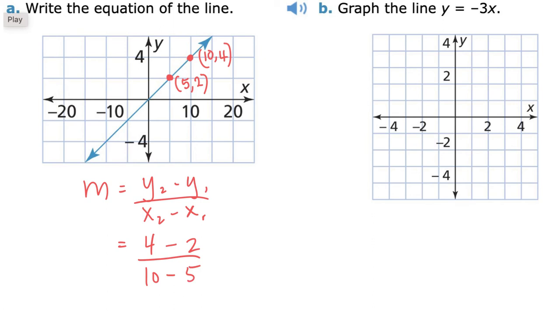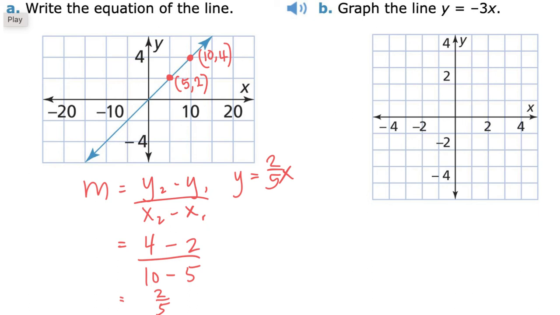And when I simplify, I get a slope of 2 over 5, or 2/5. So now that I know my m, or my slope, is 2/5, an equation for this line is y equals 2/5 x. Let's take a look at part B now.